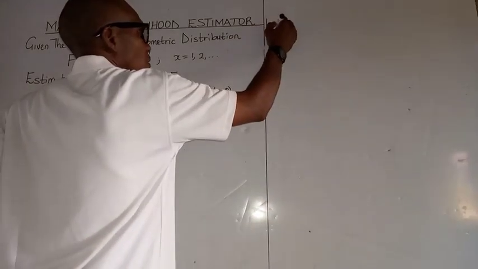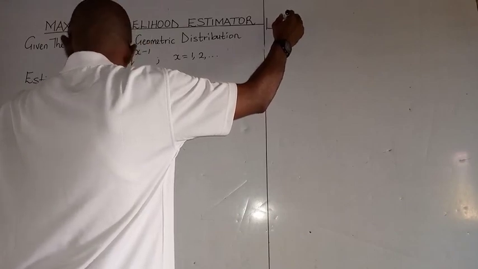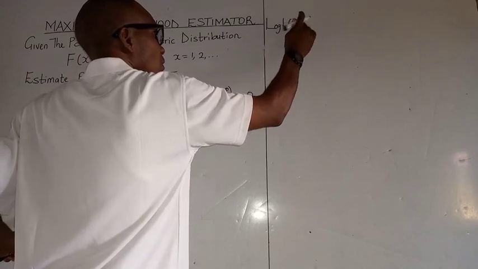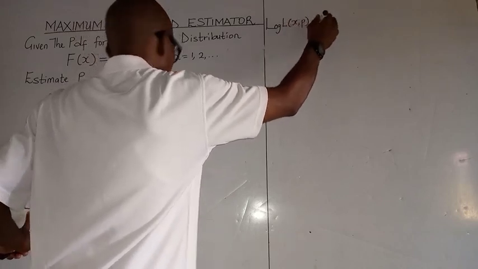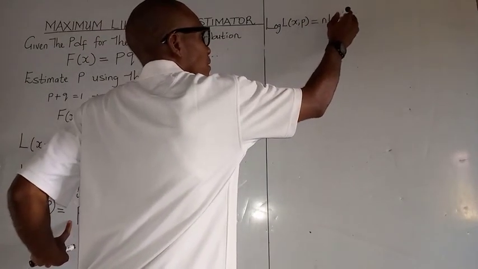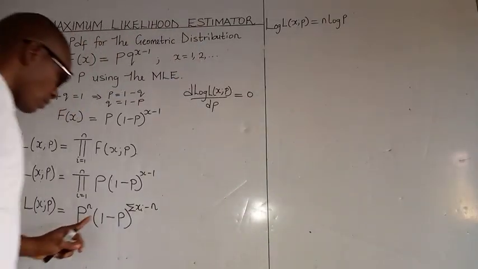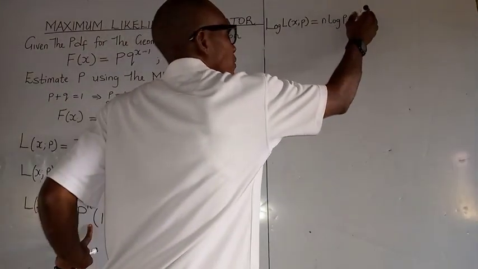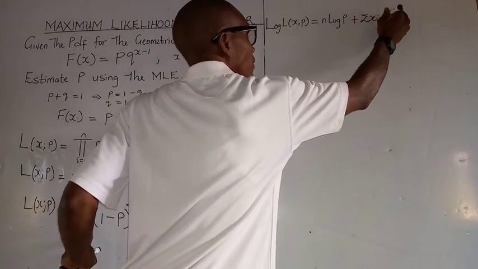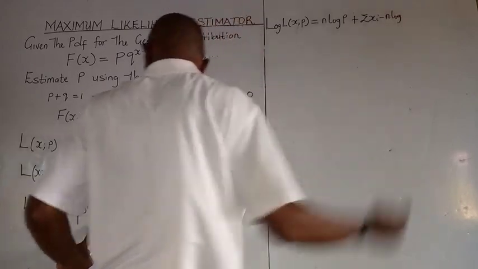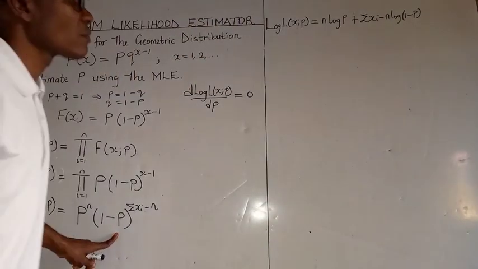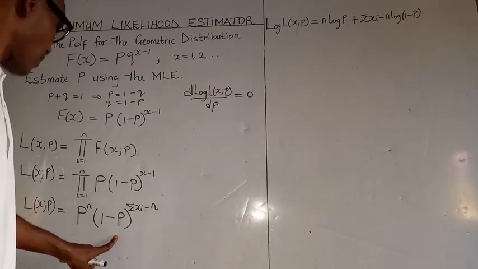So the log of this is equal to, n will come down, so it will be n log P plus summation of xi minus n, times log of 1 minus P. So that is what we have.